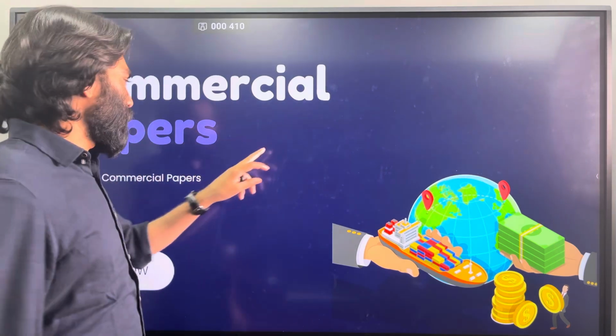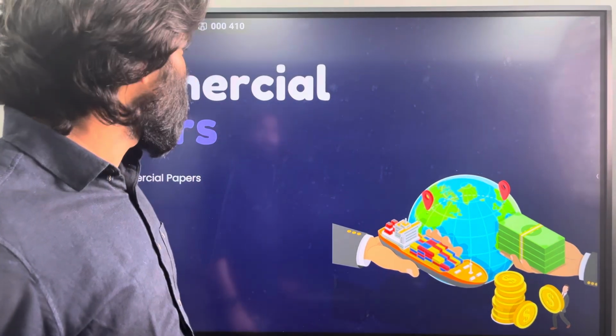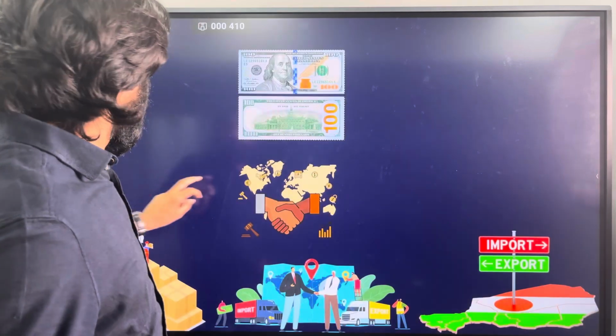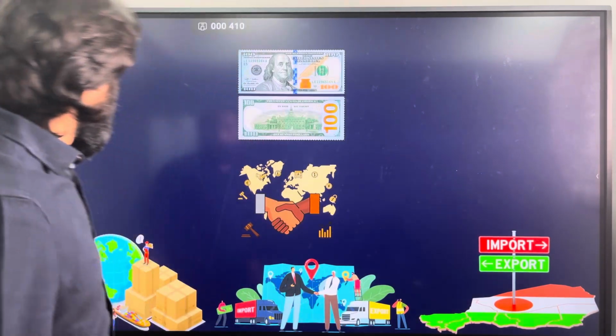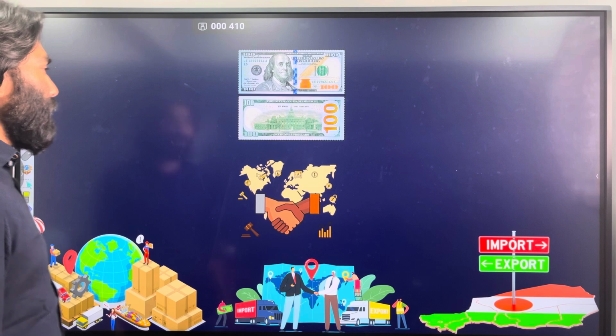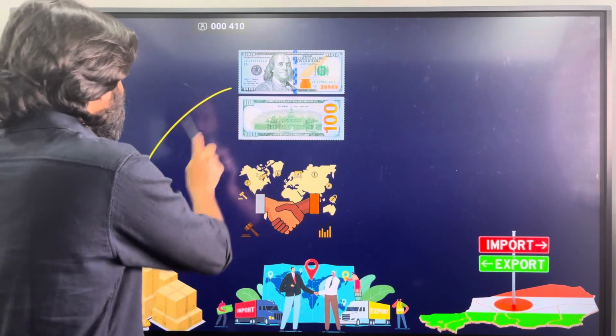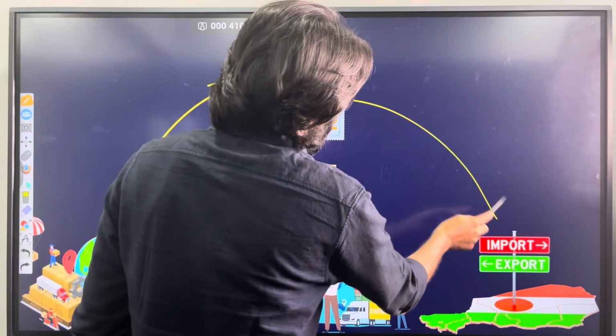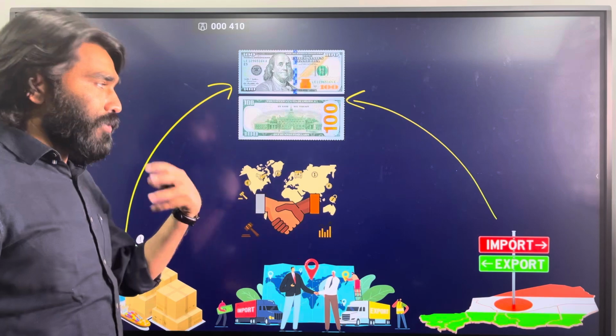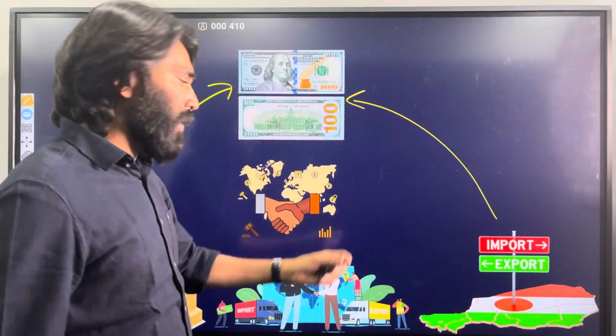We have some insightful PDFs, PPT, so that it will help. So if we talk about commerce, what happens? As I said, sometimes we'll have cash in your trade or transactions. If it is cash, then you don't require commercial papers.